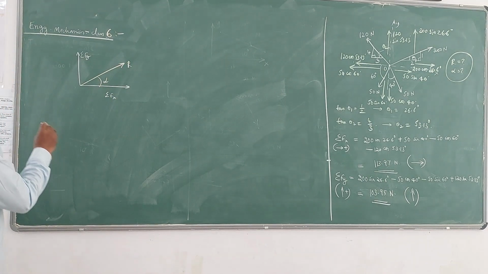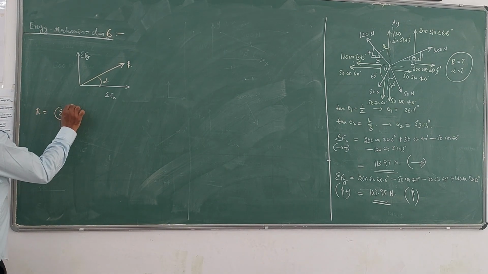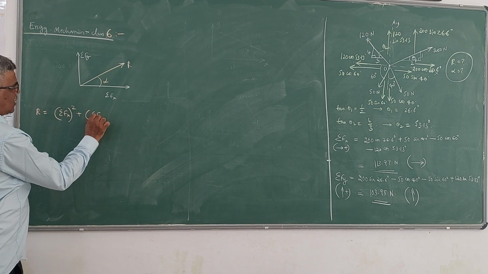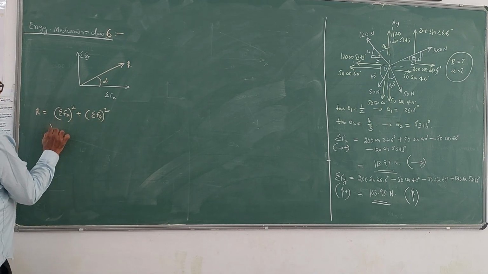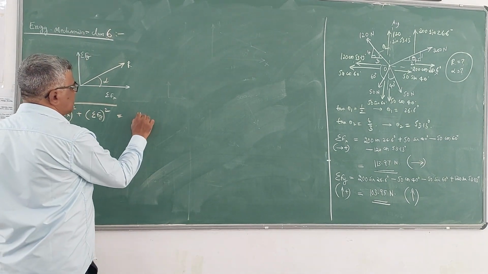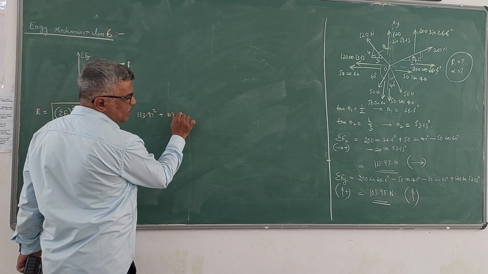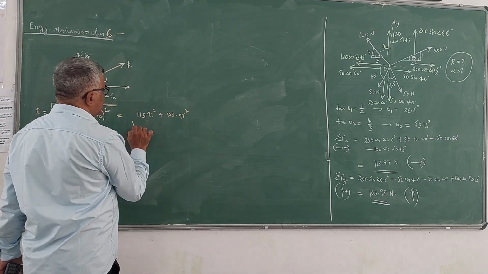Now the magnitude of R is given by square root of sigma Fx square plus sigma Fy square, which you will get 113.97 square plus 103.95 square.